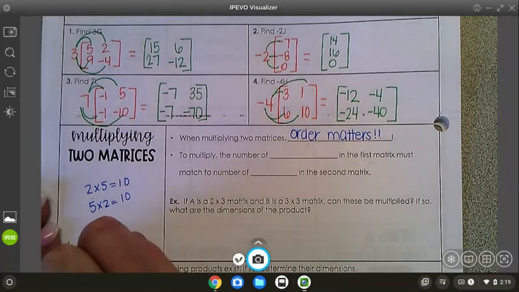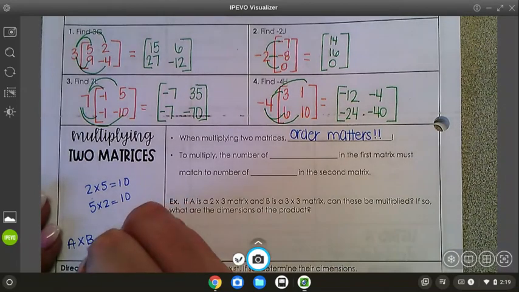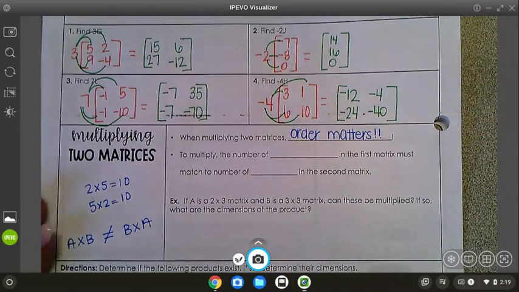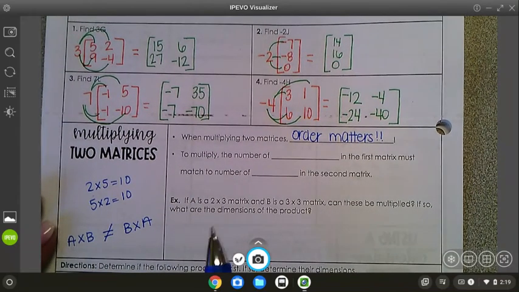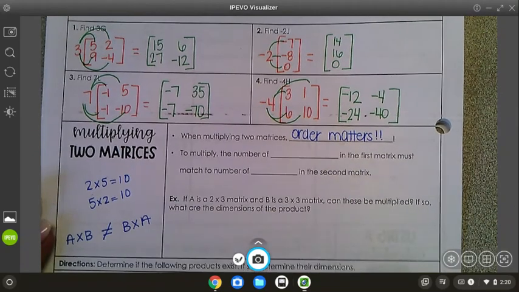But if I have matrix A and I'm multiplying that by matrix B, that is not the same thing as B times A. Sometimes you can multiply A times B, but you cannot multiply B times A. So it's very important that you pay attention to the order.